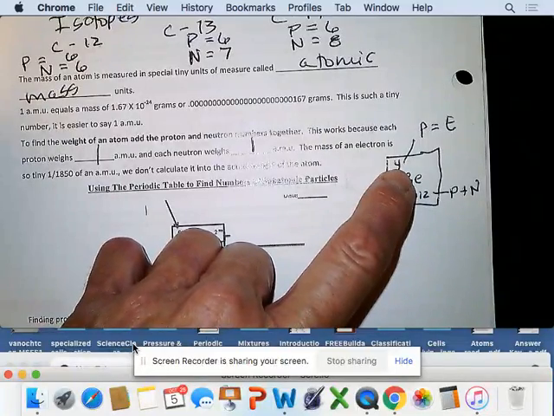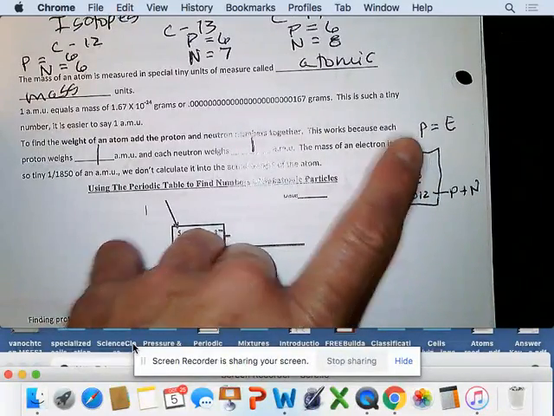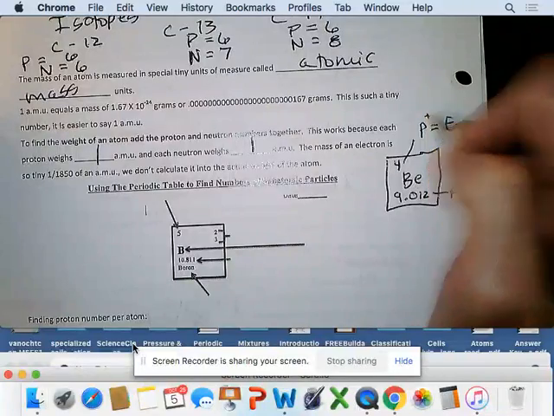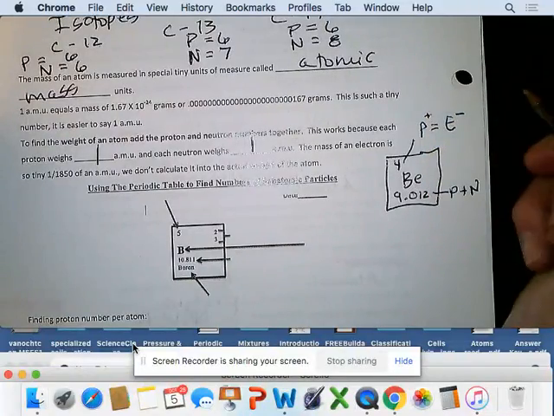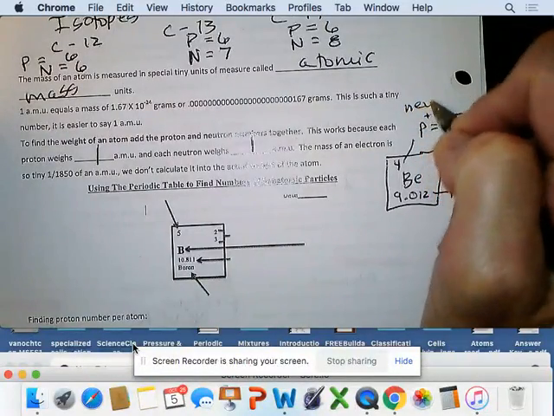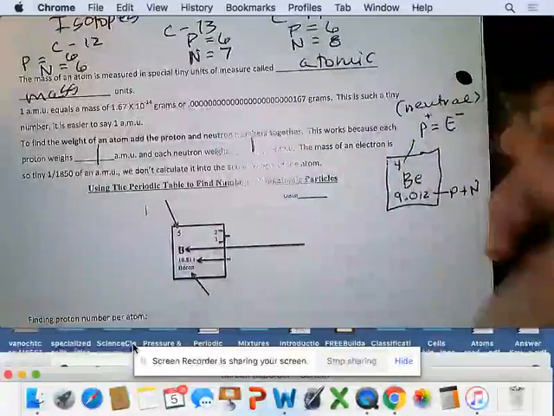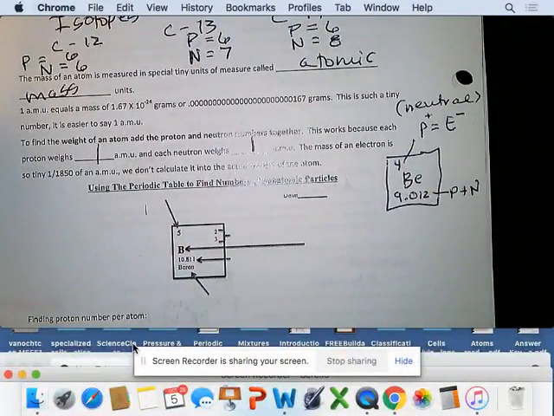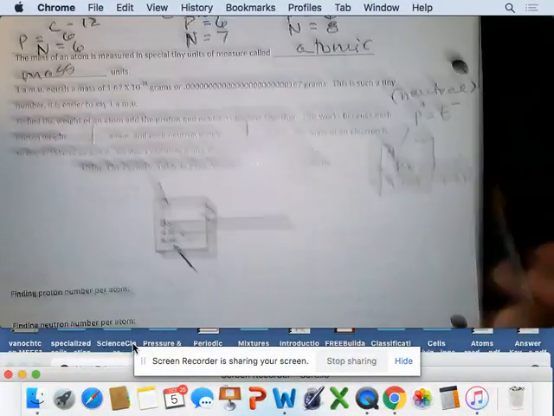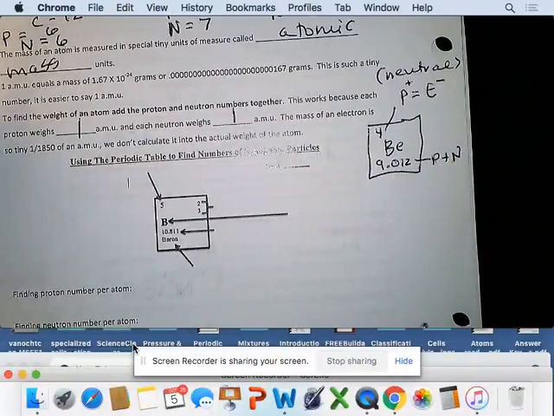This is the atomic number. It's the number of protons. And if the atom is neutral, has no charge, it's going to be the number of electrons as well. So that atomic number is going to give us our protons and our electrons. Then this part right here is going to give us our protons plus our neutrons.